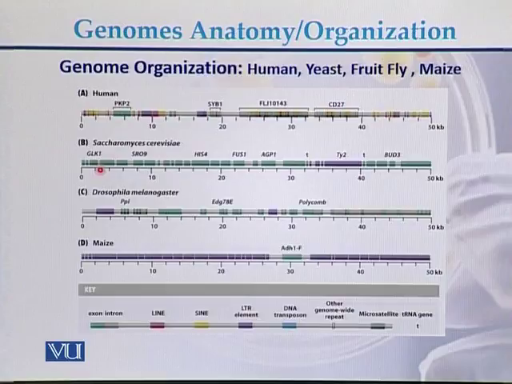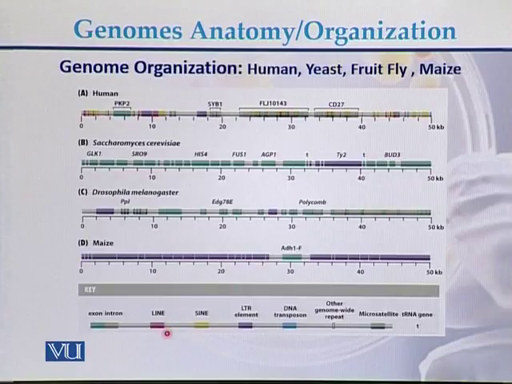While in case of yeast, there are many genes or many exons present on the yeast genome. While in case of Drosophila, we can see that there are many exons present on the Drosophila genome. And in case of maize, we can see just a single exon or a single gene present on the fragment of the genome of maize.